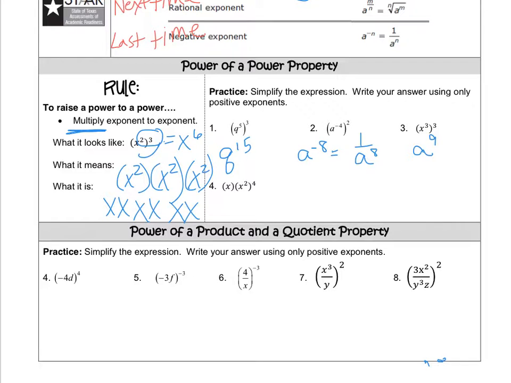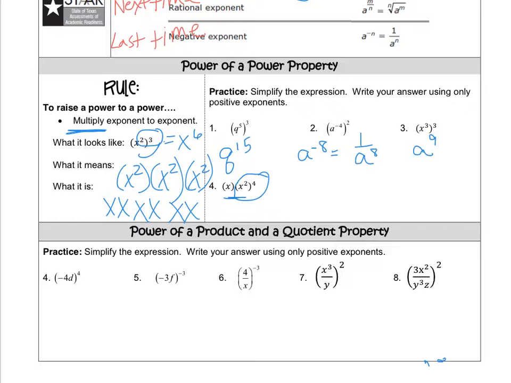Okay, it was very straightforward. 3 times 3 is 9, so that's a to the 9th power. Now let's look at number 4. Number 4 is actually combining two different rules. We have multiplication where we're multiplying x times x squared to the 4th. Before we can do the multiplication though, we've got to take care of this x squared to the 4th.